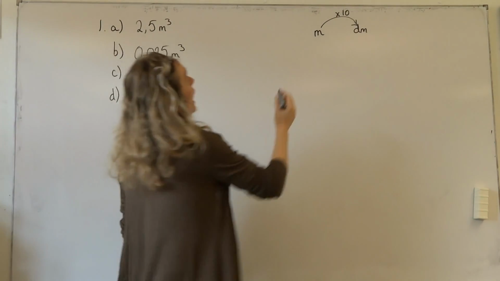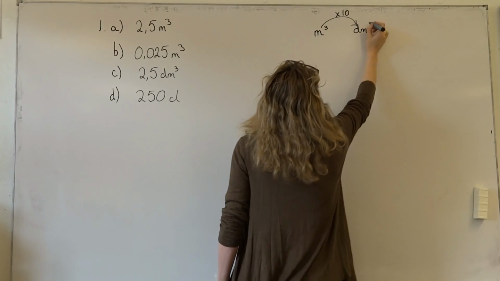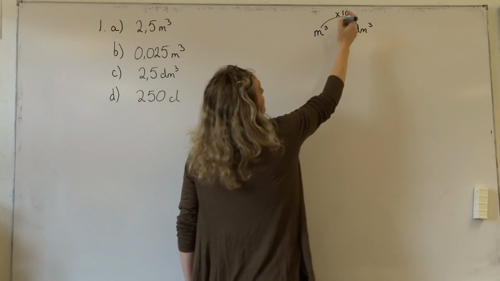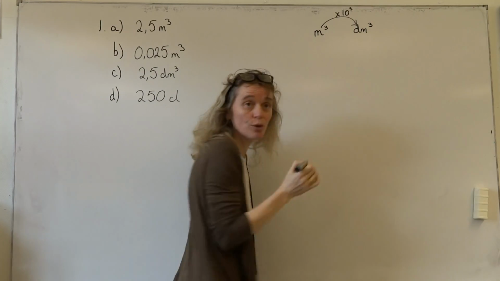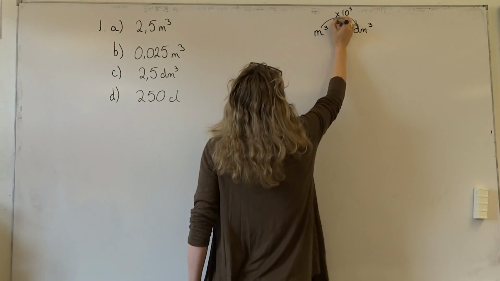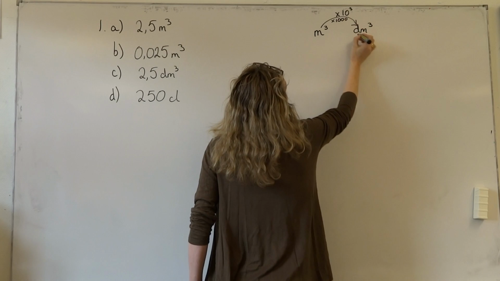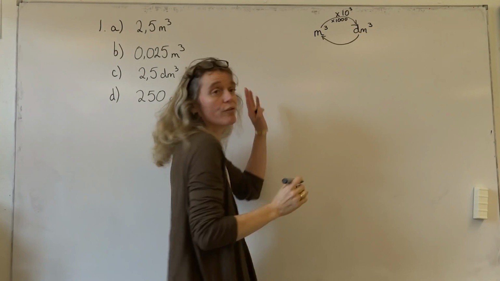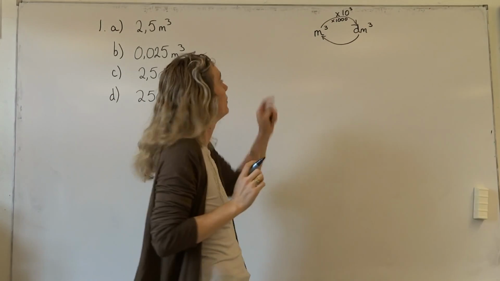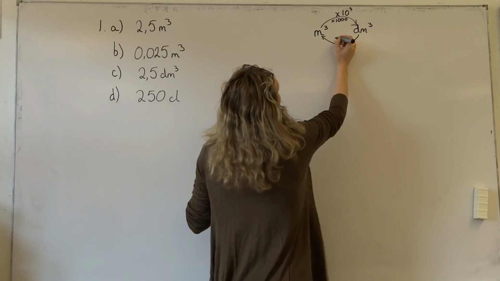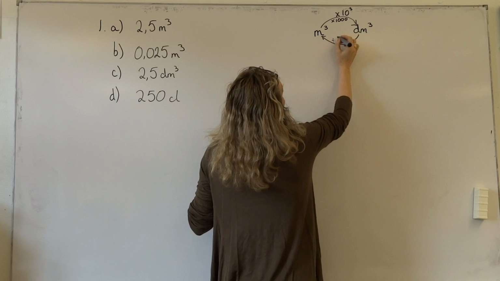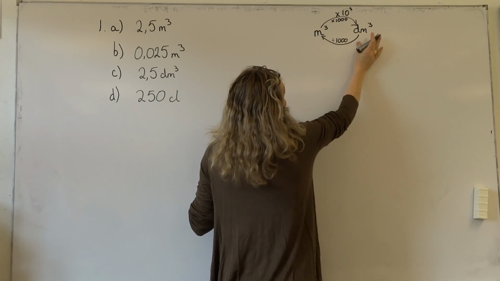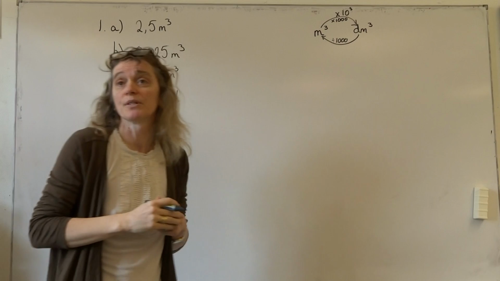But to convert a volume of metres cubed to decimetres cubed, we would have to multiply by 10 cubed, which is the same as multiplying by 1,000. To go from large volume to small volume, we multiply by 1,000, and to go from small volume to large volume, we divide by 1,000. That helps us when it comes to decimetre cubed.